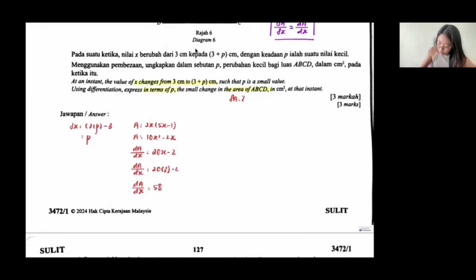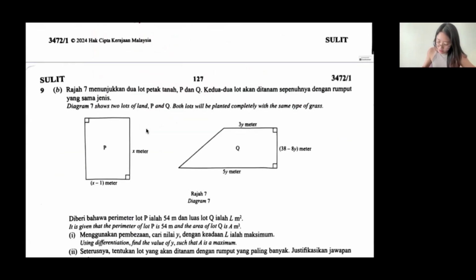Then you use the formula to find delta A. Delta x is p, so delta A will be 58p. If you want to write the unit, it will be cm squared because it's area. 3 marks over here. Once you got your differentiation, this is 1 mark. Then substitution, 1 mark. Final answer, 1 mark. 3 marks in total.